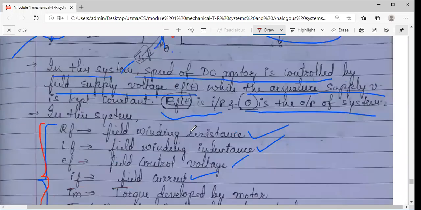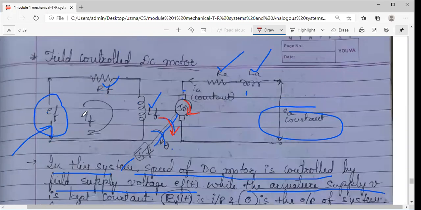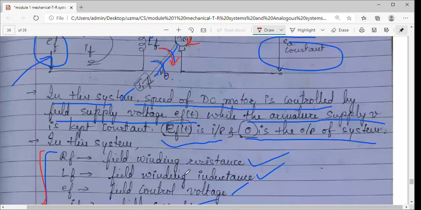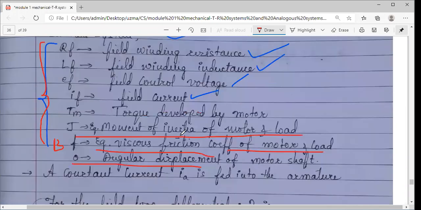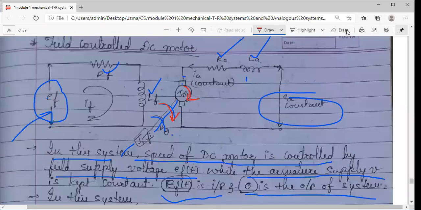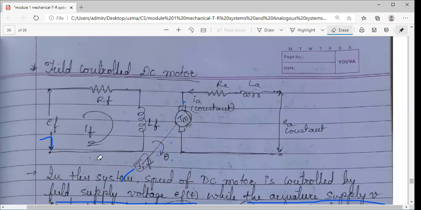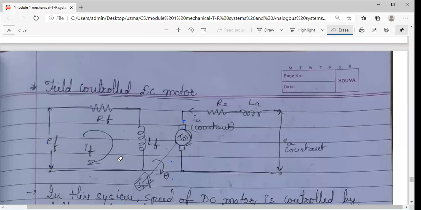One more thing, most of the time the question will be: derive the transfer function for a field controlled DC motor or armature controlled DC motor. The circuit may not be given to you. Now similarly, I will follow the same steps. Let me quickly recall what we did in the earlier circuit.